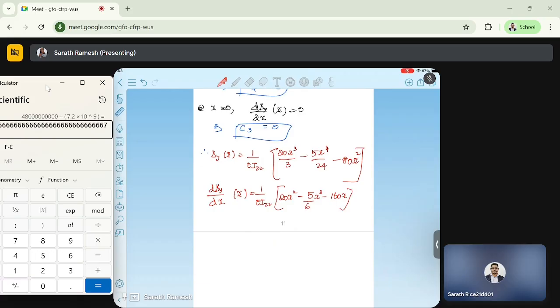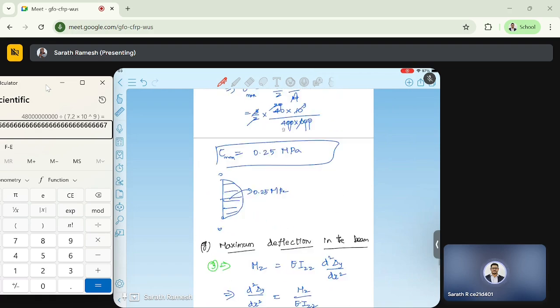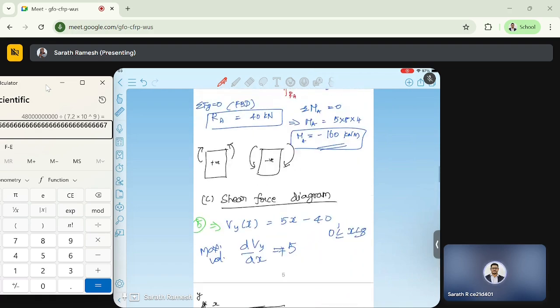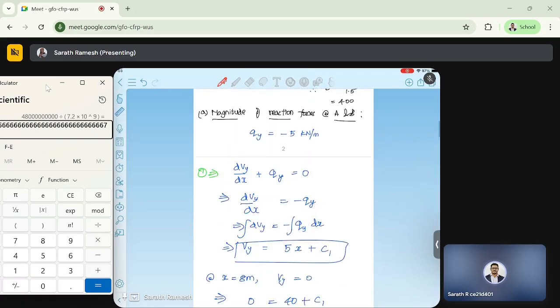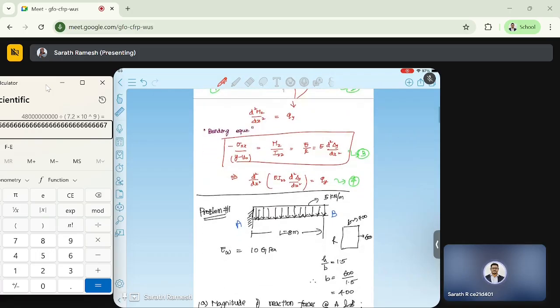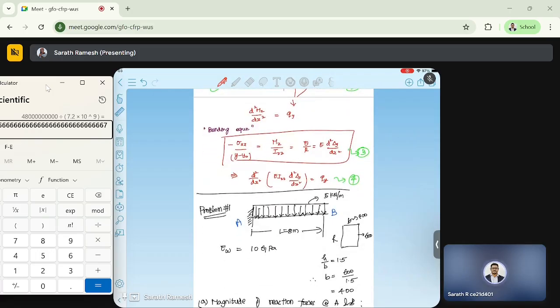That's it. Now we need to find the maximum value of deflection. For a cantilever beam, it's going to deflect with the maximum value at the free end, right? That we know. At B, we are going to get the maximum deflection. Suppose we are not convinced, no worries, we can simply use math to find that that is the point where maximum deflection occurs.